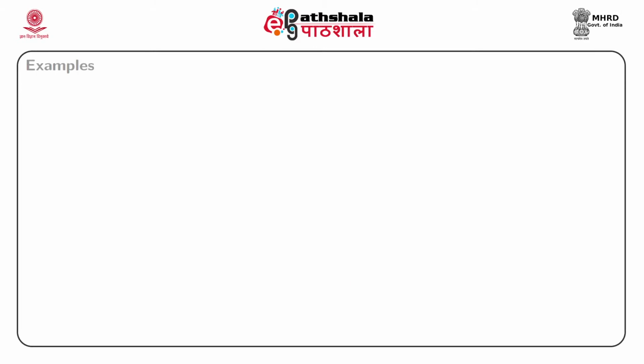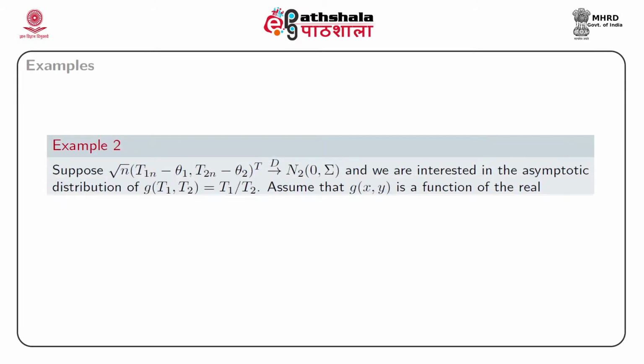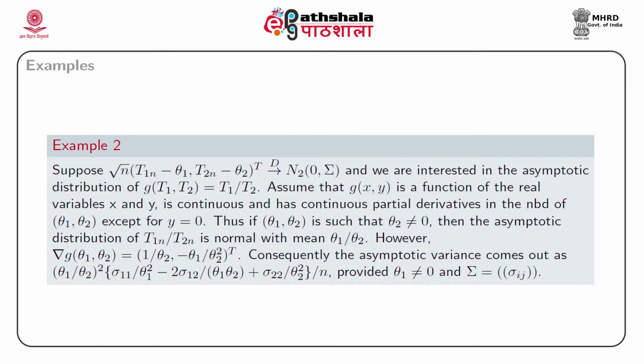Next, consider our next example. As earlier, we have two random variables T_1n and T_2n such that the vector with components (T_1n minus theta_1) and (T_2n minus theta_2) multiplied by square root of n has a stable bivariate normal distribution with dispersion matrix sigma.